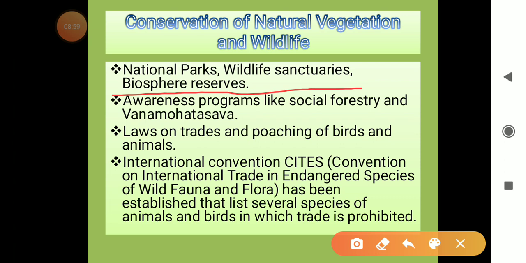Conservation of creeks, lakes and wetlands is necessary to save the precious resources from depletion. Next is awareness programs.